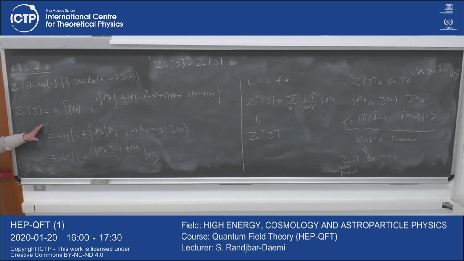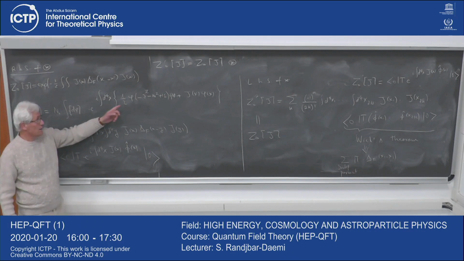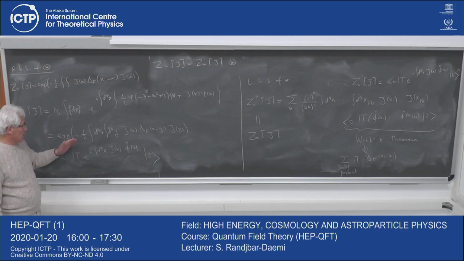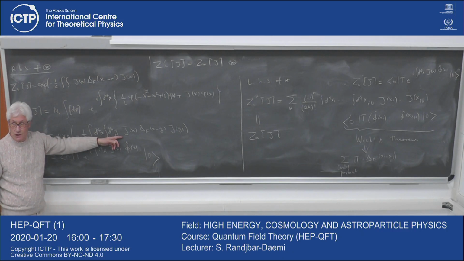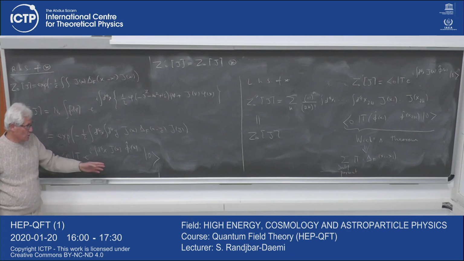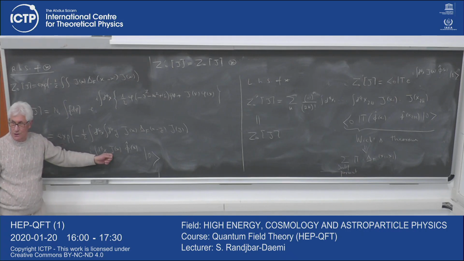So there is a Gaussian functional integral. This is a functional integral. It's a Gaussian. It is given in terms of a Gaussian functional of j. It's also given in terms of the vacuum expectation value of a free Klein-Gordon field times j, the time order exponential of that object.